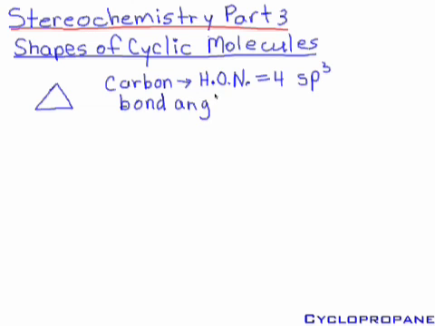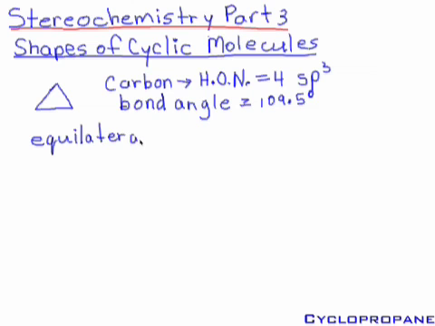is equal to 109.5 degrees in sp cubed hybridized systems. However, cyclopropane is an equilateral triangle in shape.